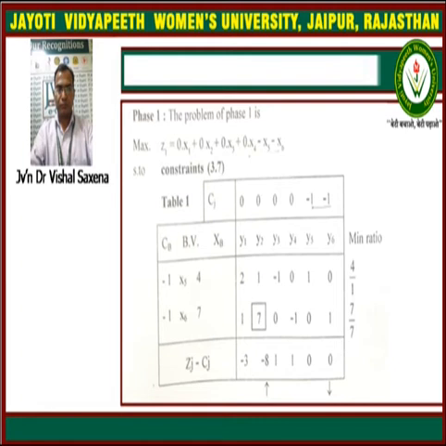Here x5 and x6 are the artificial variables, and costs are assigned to these variables as -1, and other variables are assigned the cost 0. We will make a table for the cost CB, basic variable and the solution XB 4, 7, and now Cj will be taken as given above, and now we will solve by the usual simplex method.